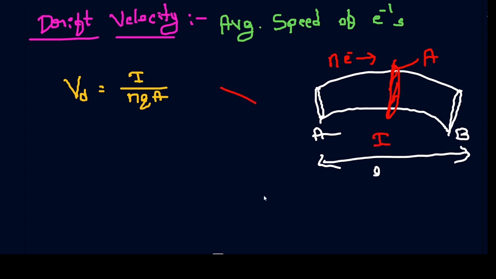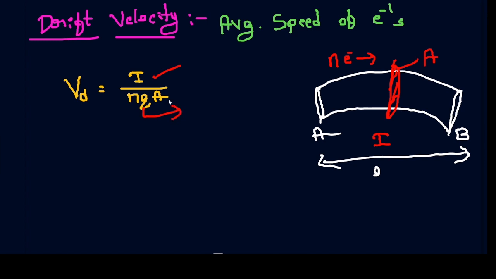Now here, sometimes they may ask you to define or write the drift velocity, write the formula of drift velocity, and tell me about each and every term in it. So that question may come for 1 mark or 2 marks. I'll tell you about it in previous year questions. We do have that series also, right? Yes. Here, I is nothing but electric current, n is number of charges, q is charge, and A is area of cross section, right?